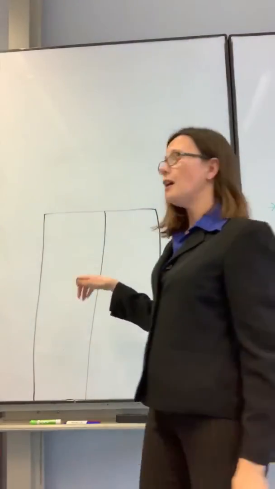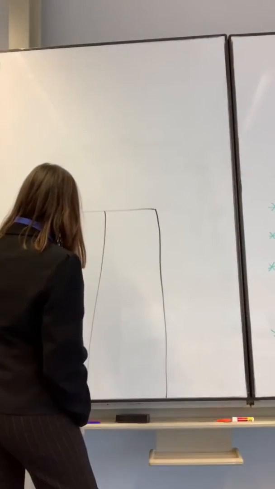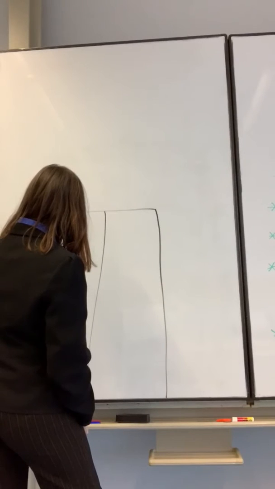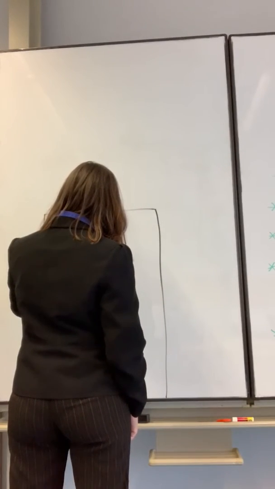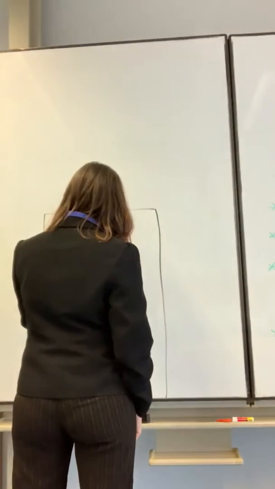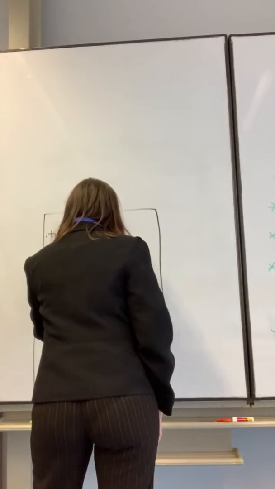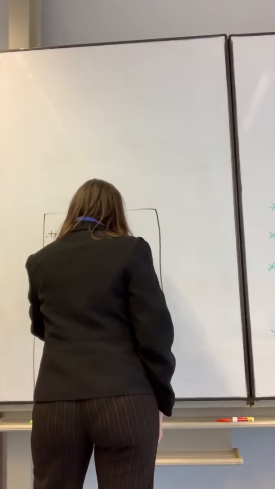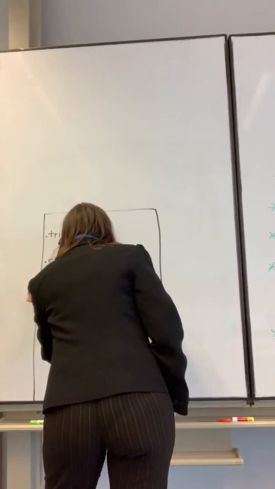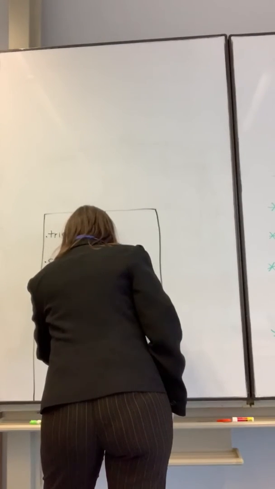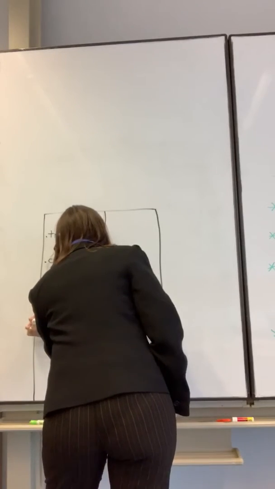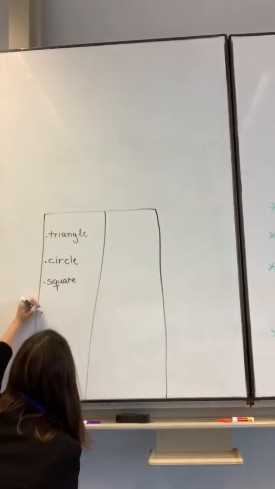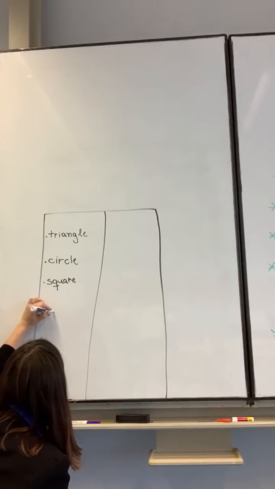On one side of the column, you would write triangle, circle, square, and rectangle.